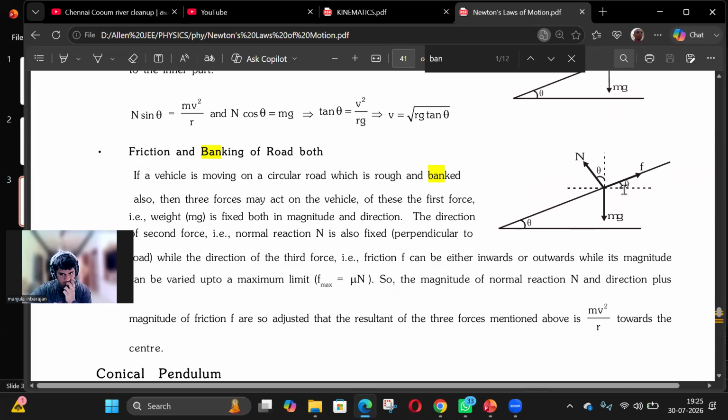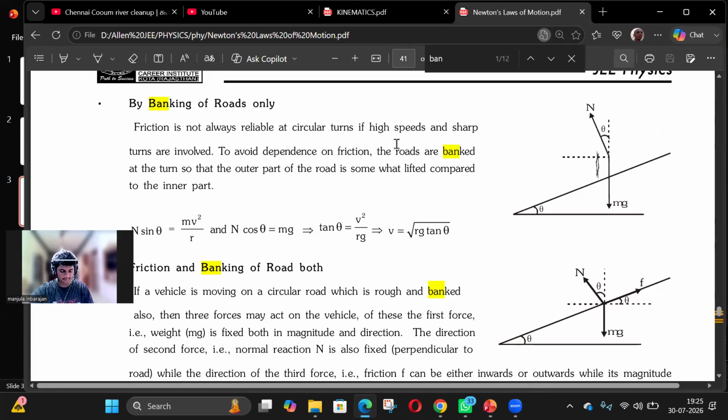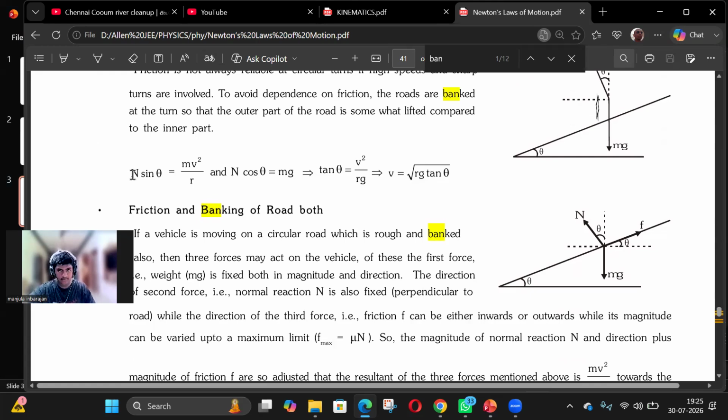The friction force is along the surface, so it will not come along the normal direction, but mv square by r will have a normal component: sin theta times mv square by r, and cos theta times mg.